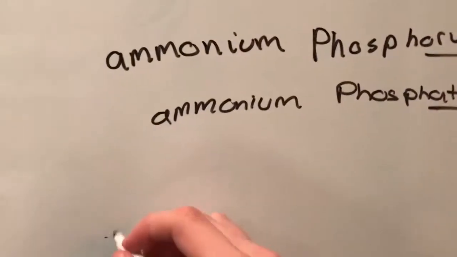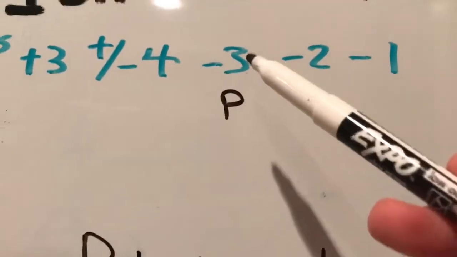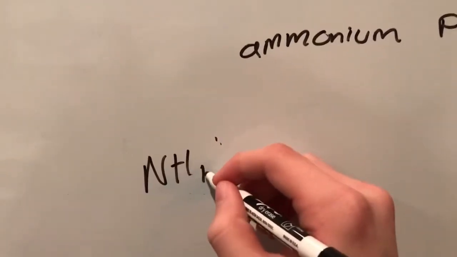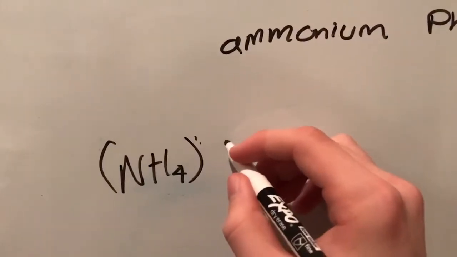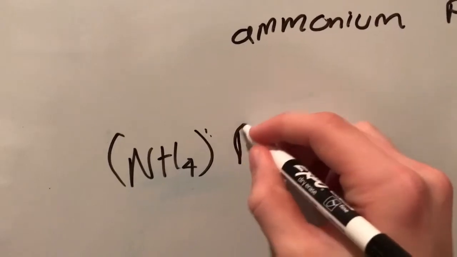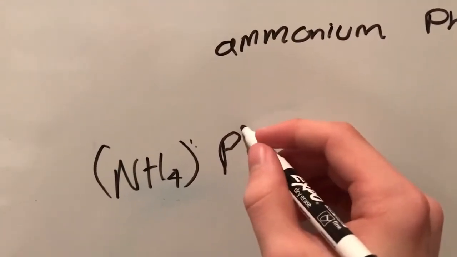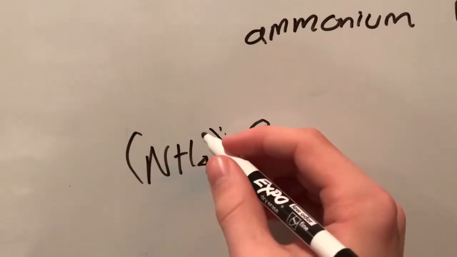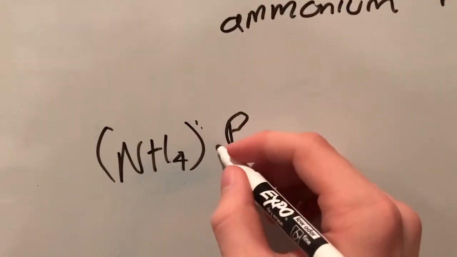And then to get the formula, since phosphorus is a -3 charge, you would put it in parentheses, and you put phosphorus here. And since it has a -3 charge, you would switch it down here, just like you would switch ammonium's charge, but it's a +1 positive, so you don't have to write it there, it's just already there.